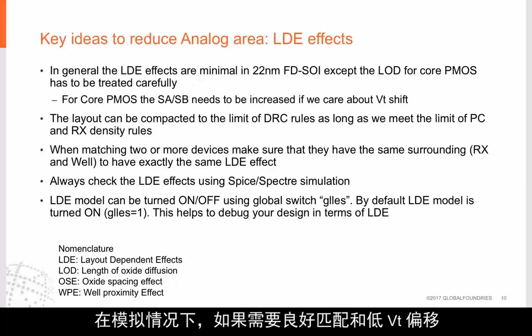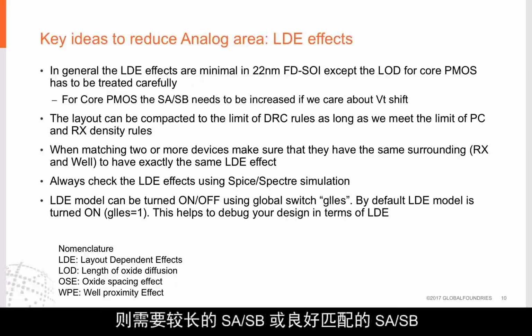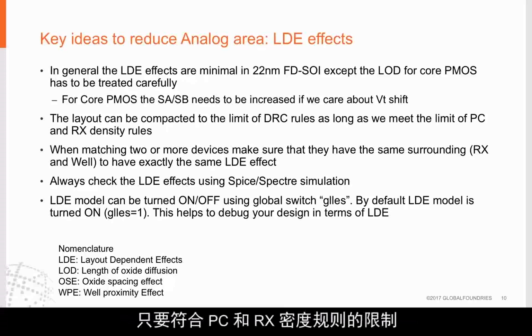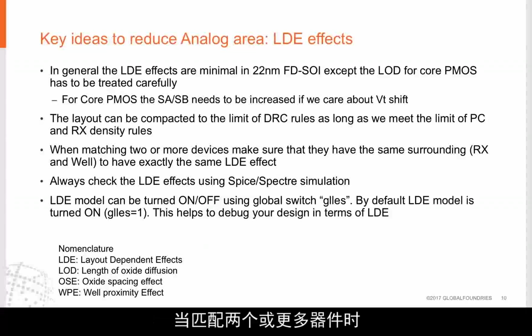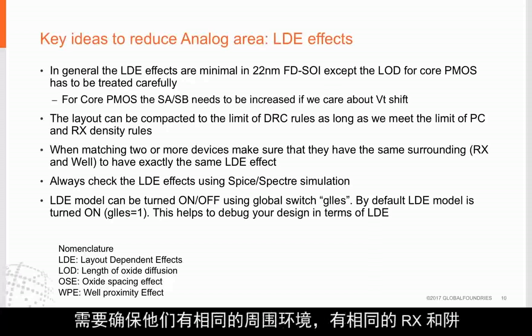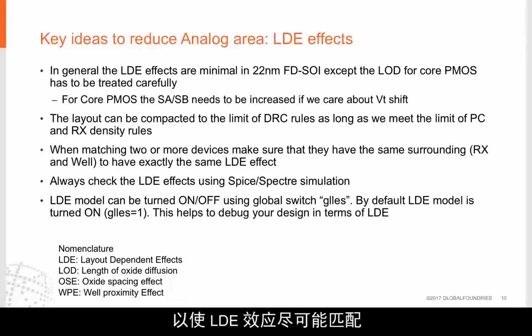In analog cases where you need good matching and low VT shift, a longer SASB or well-matched SASB is desirable. The layout can be compacted to the limit of the DRCs so long as you meet the limits of the PC and RX density rules. When you're matching two or more devices, you need to make sure they have the same surrounding, so the same RX and the well, to match the LDE effects as closely as possible.